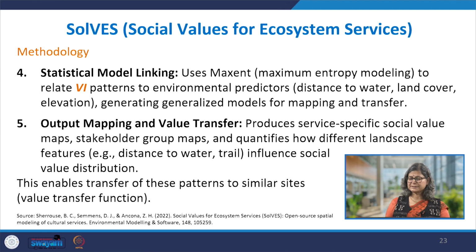It produces service-specific social value maps, stakeholder group maps, and quantifies how different landscape features like distance to water, walking trails, even presence of a temple, influence the social value distribution. So this enables transfer of these patterns to similar sites. That's the value transfer function, which we have discussed earlier also.